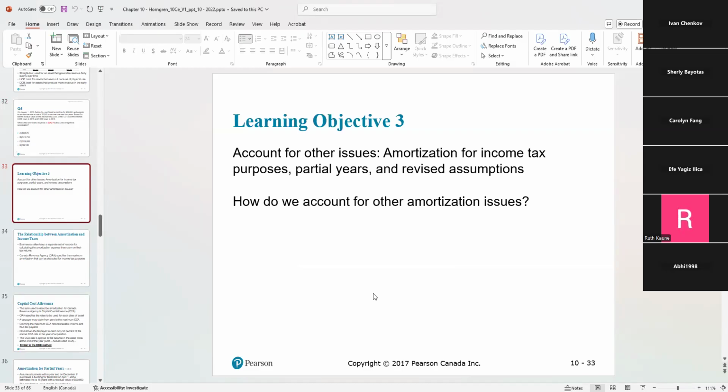And we have to revise some of the assumptions, because remember, everything is based on estimations. We're estimating the useful life, we're estimating the units that the machine or the asset is going to produce, we're estimating the residual value. What's going to happen if any of those changes?